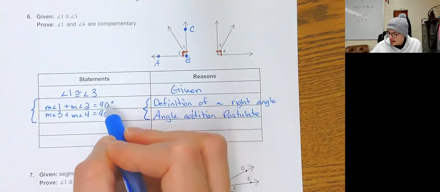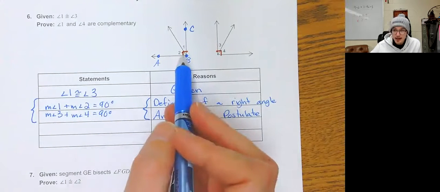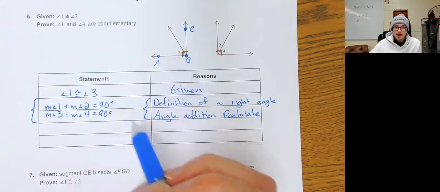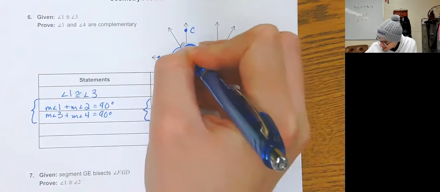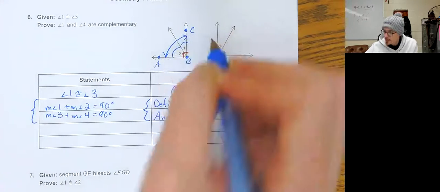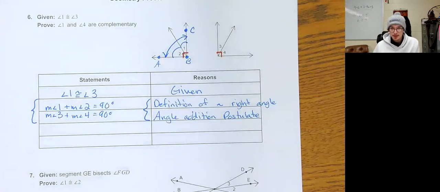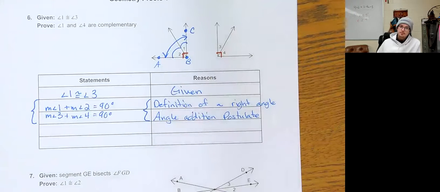They equal 90 degrees because the definition of a right angle means that it's 90 degrees. And we're allowed to add this angle and this angle to be the whole angle because of the angle addition postulate. And it's the same concept over here. You're allowed to do the same thing over there.